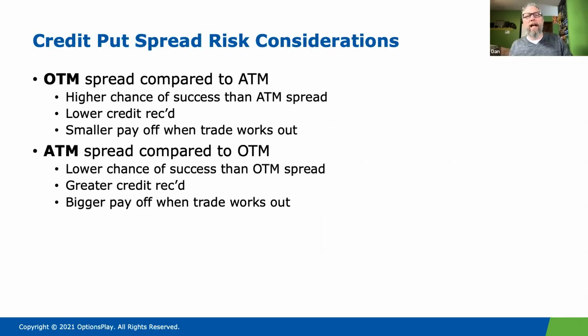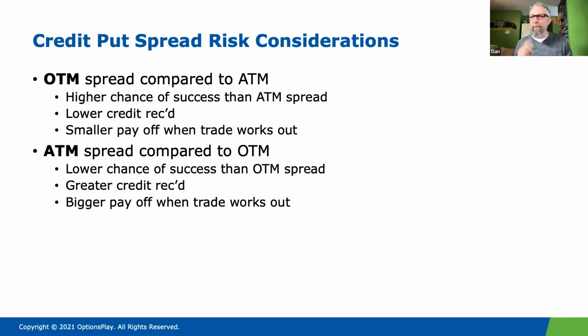For many years, I've set up my credit spreads more out of the money, looking at them as high probability trades. And for those of you who look at delta as a proxy, it's really just an estimation. It's not mathematically accurate. But for those of you who use delta as a proxy for probability of success, the further out of the money you go, the greater your chances of success. So I always looked at it like that, just a super high probability trade.